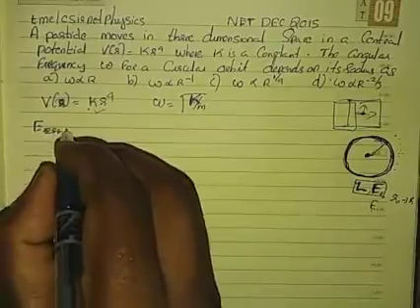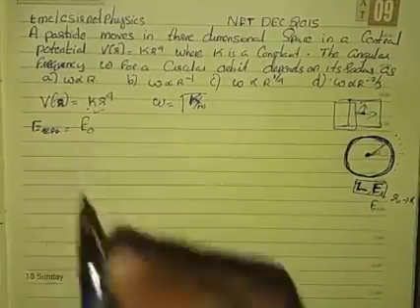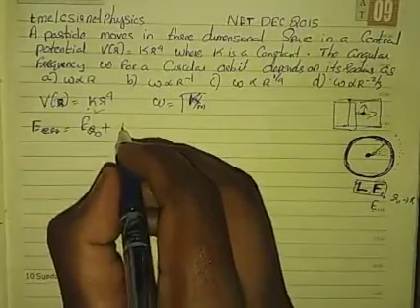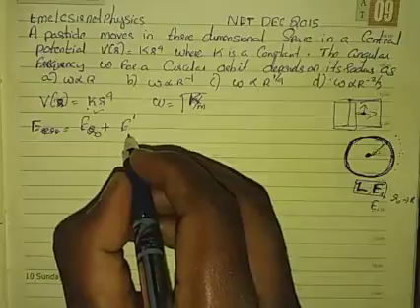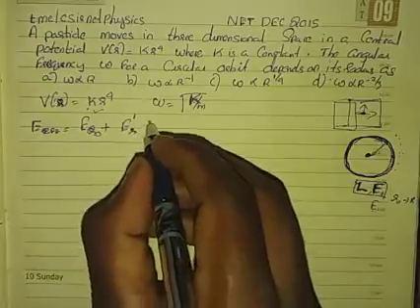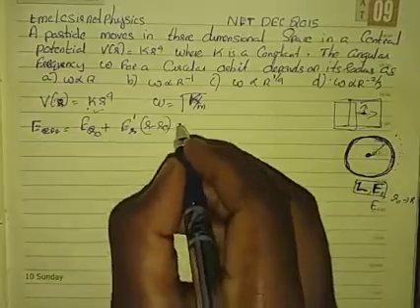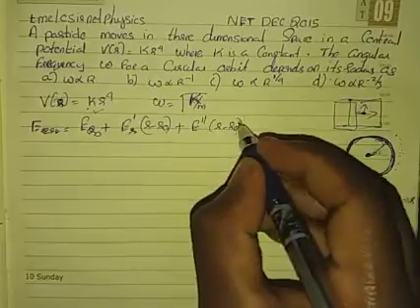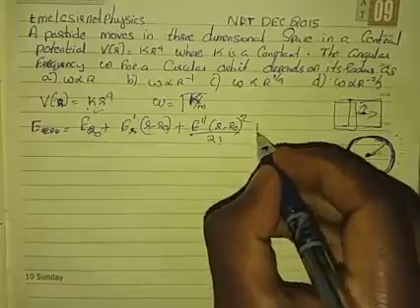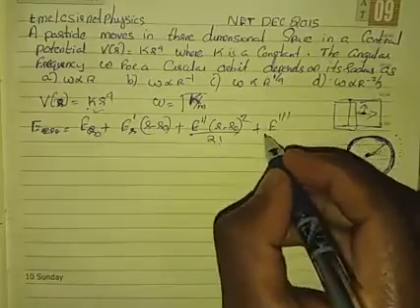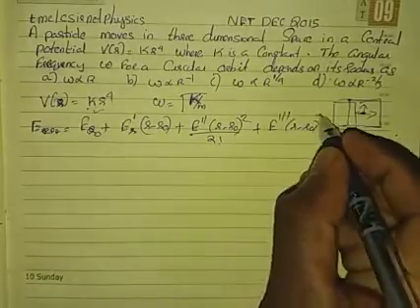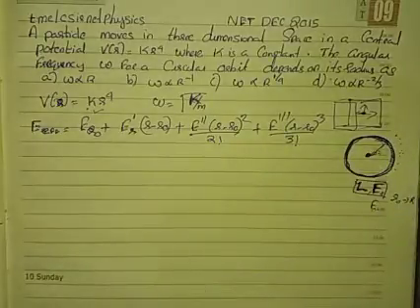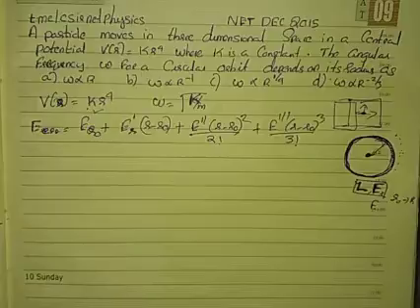E effective can be represented as E0, which is the energy of orbit R0, E(R0), plus E dash of R times (R minus R0), plus E double dash of R, (R minus R0) for the new orbit, the whole square by 2 factorial, plus E triple dash of R, (R minus R0) the whole cube by 3 factorial. These energy corrections can be added to find the effective energy of an orbit.